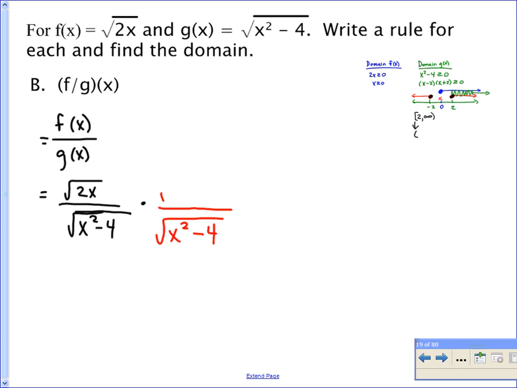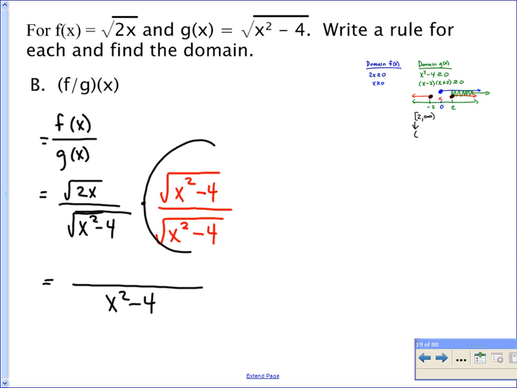We're going to do that by multiplying by a fancy version of 1, because if there are two of the x squared minus 4s, then they can come out of the radicals. So that makes my denominator now this. And it's legal to do that because this here is just 1. And you can always multiply by 1 and get the same thing back. So in my numerator now I have 2x times the x squared minus 4.